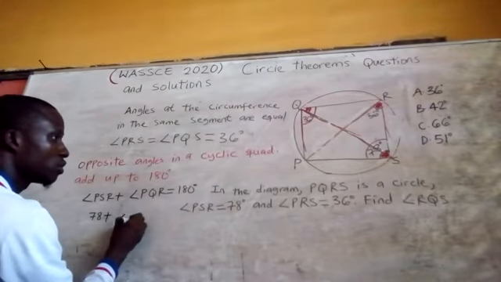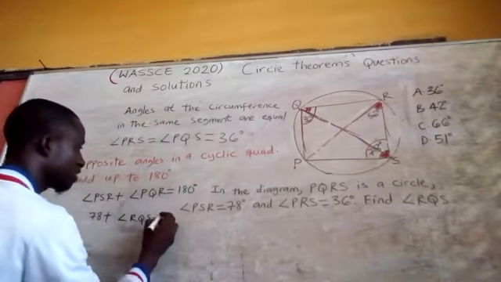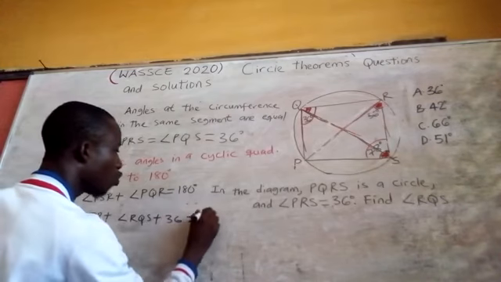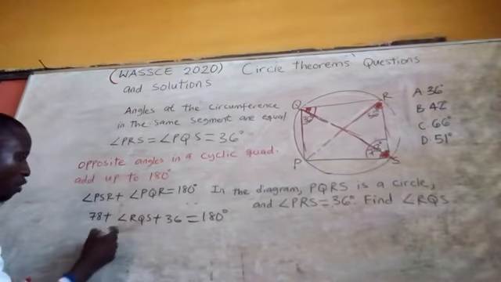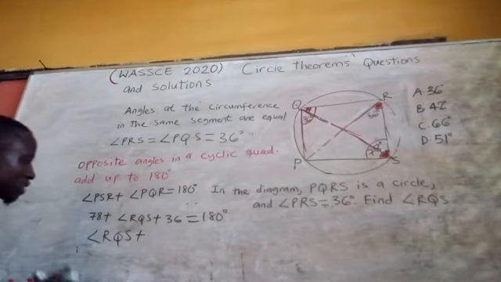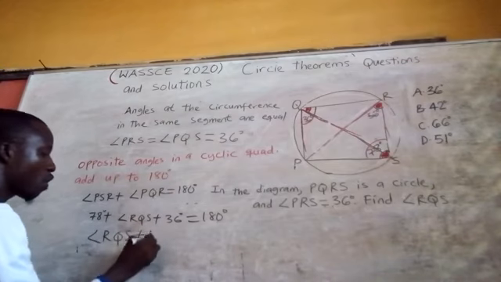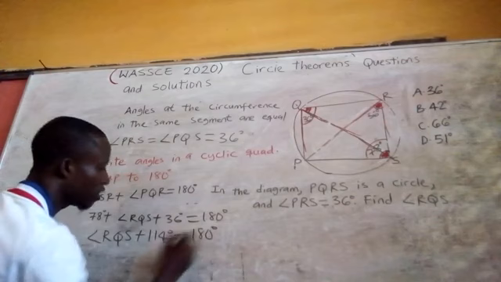So here we have angle RQS plus this 36 degrees, which will be equal to 180 degrees. So here we have angle RQS plus 78 degrees plus 36 give us 114, equal to 180 degrees.